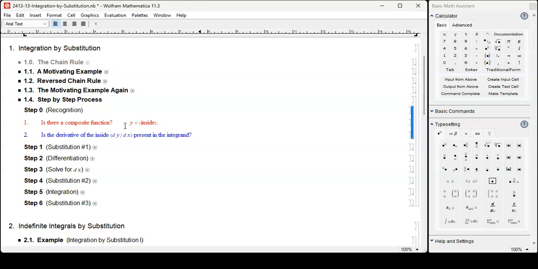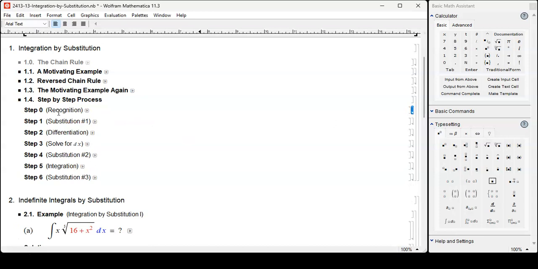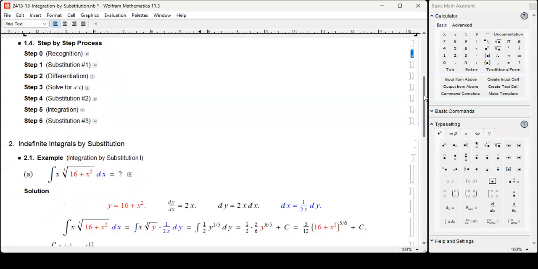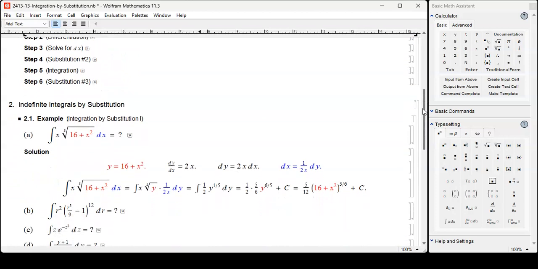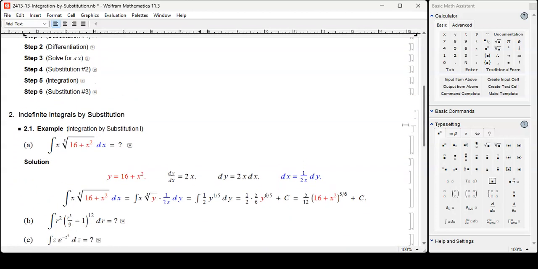And another criterion here is a derivative of that candidate flying around somewhere, and that's a lot harder to see, but both are necessary in calculus 2. Here, not much of a deal. And then as for all the others, substitution 1, differentiation, so for dx, substitution number 2, integration, and substitution number 3. We explain all those through this example.